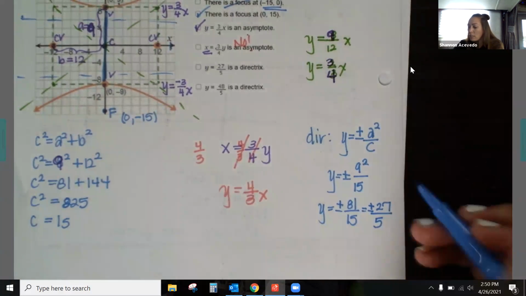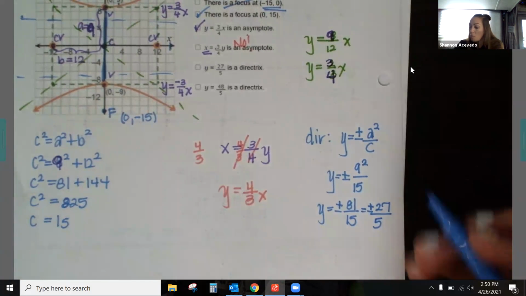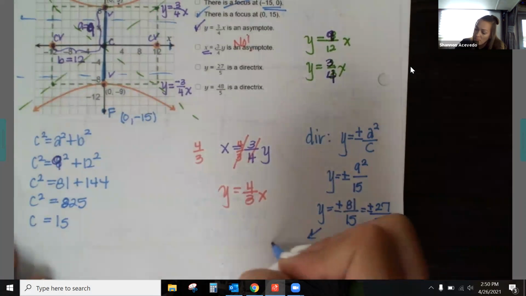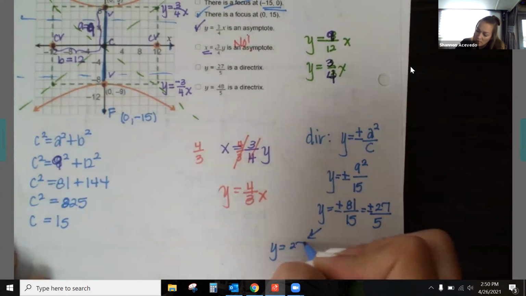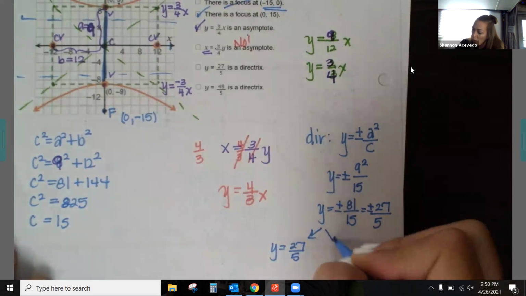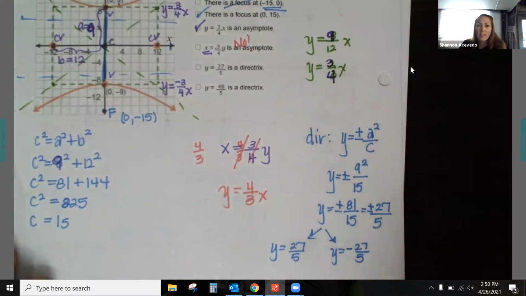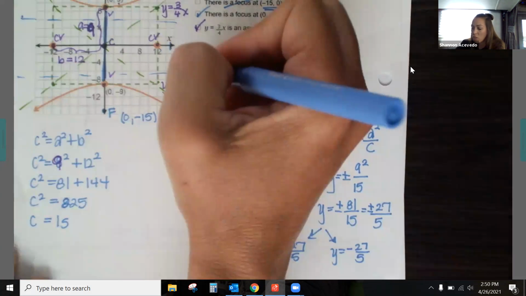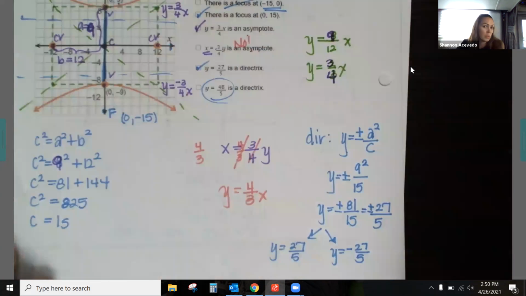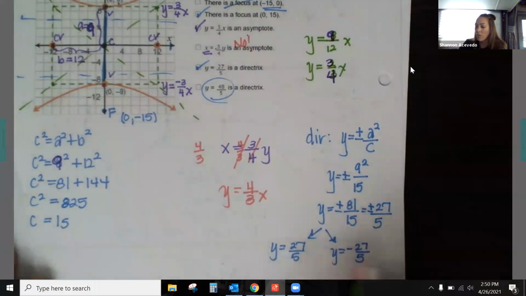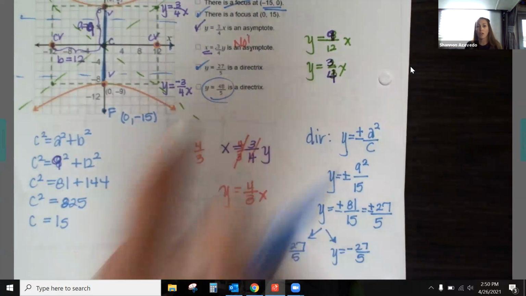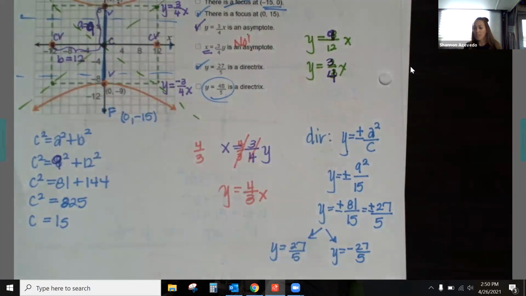And so I have a directrix at y equals positive 27/5, and at y equals negative 27/5. So this is going to be true. This one is not true. So the two are here. This is not an option. That is not correct.